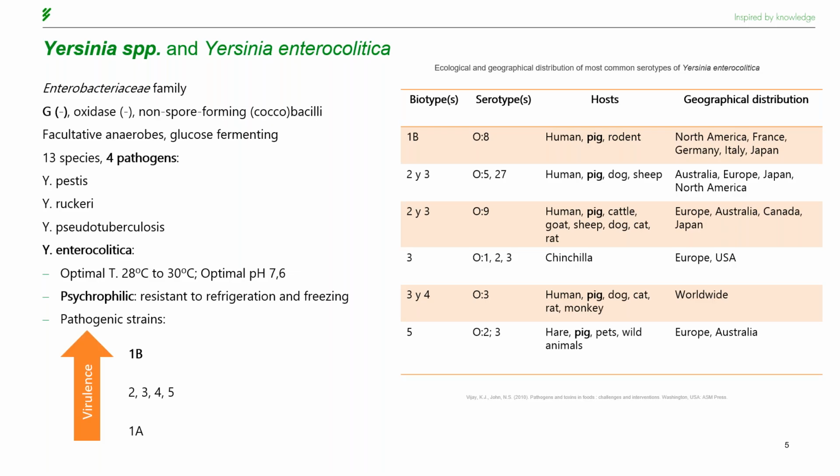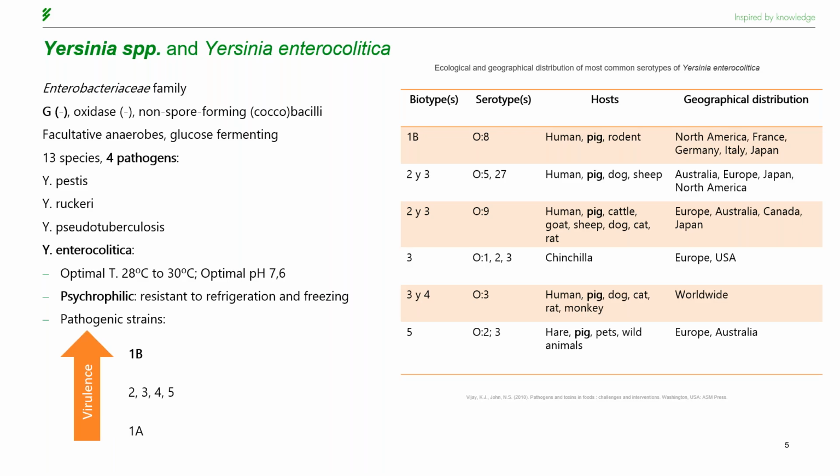Yersinia pestis, which was the causing agent of bubonic and pneumonic plagues. Also Yersinia ruckeri, the cause of disease in salmonids and other fish species that are not relevant for humans. Yersinia pseudotuberculosis, which is a rodent pathogen that can cause infections in humans, and of course Yersinia enterocolitica, a versatile intestinal pathogen that is today's main focus.